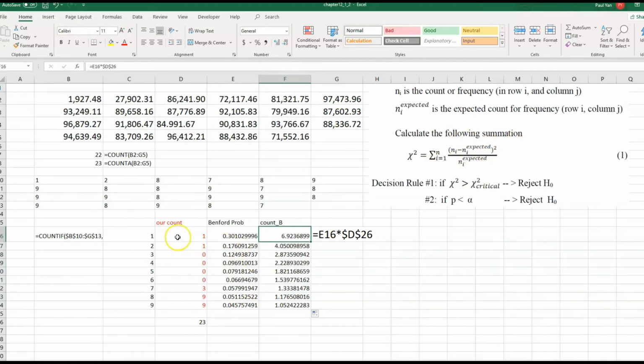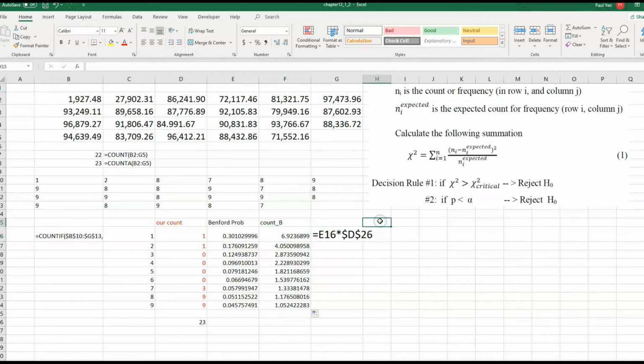So this is the first one minus the first one from our targeted distribution, squared, the square of the difference divided by this value.